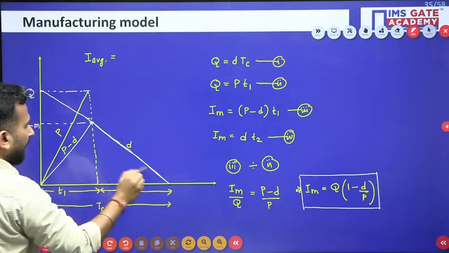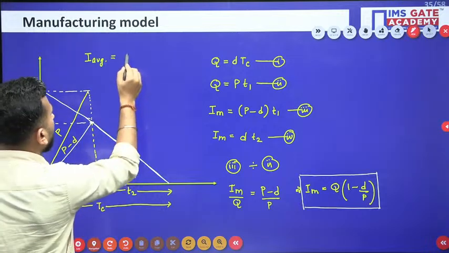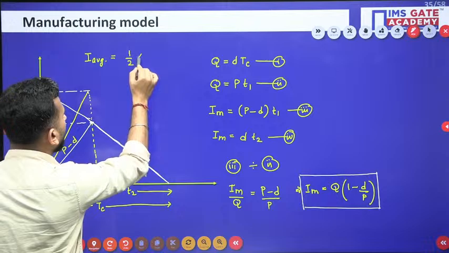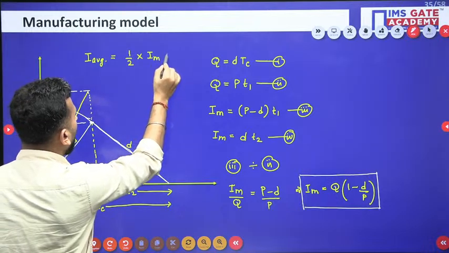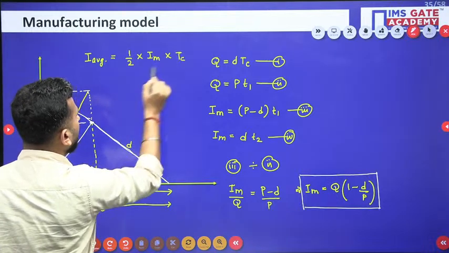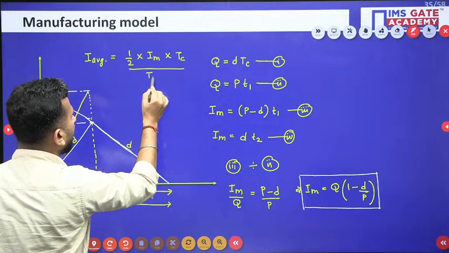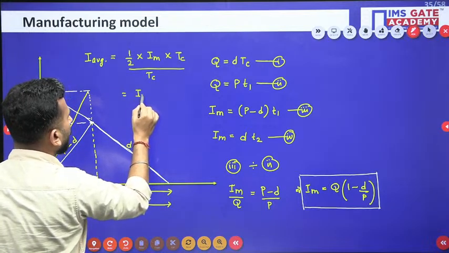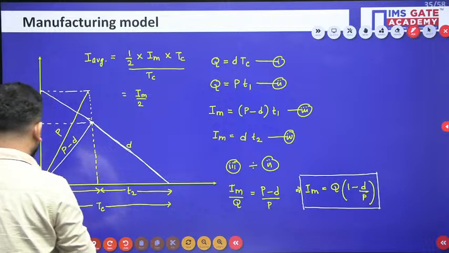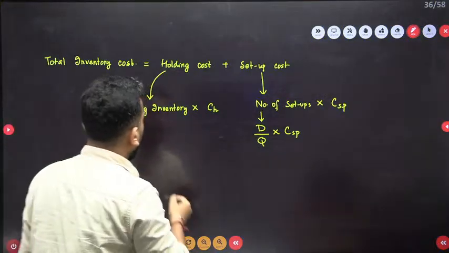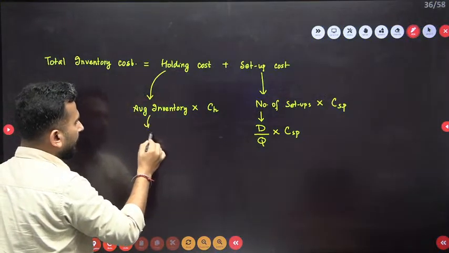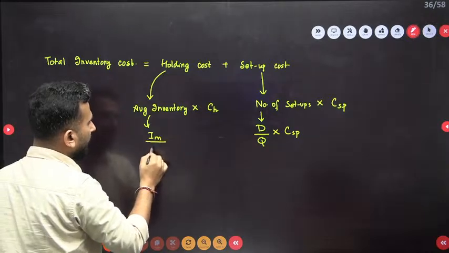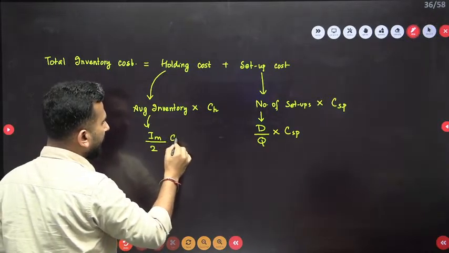So this is the complete cycle, only inventory is there. So half into I max into TC divided by TC, the cycle time. So that comes out to be Im by 2. So average inventory is Im by 2 into CH.